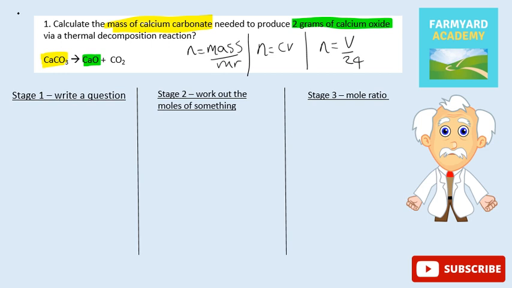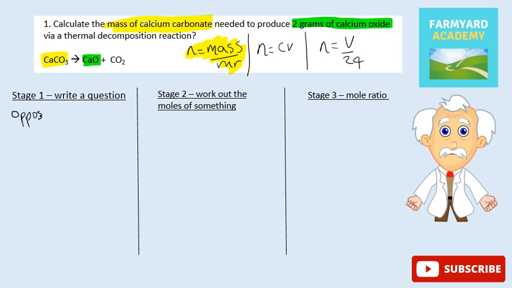Then you're going to write your own equation from the question, and because the question says calculate the mass of calcium carbonate, that's what we're going to need. The only equation we can use for this one is the solid form, which has got mass in, and we rearrange this to make mass the subject. As it stands, you've got mass divided by Mr, and in order to get the Mr onto the other side of the equation, you just need to remember the word opposites.